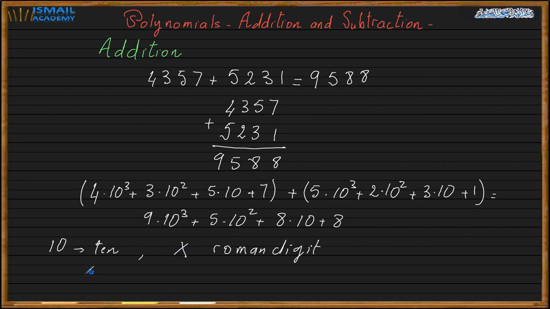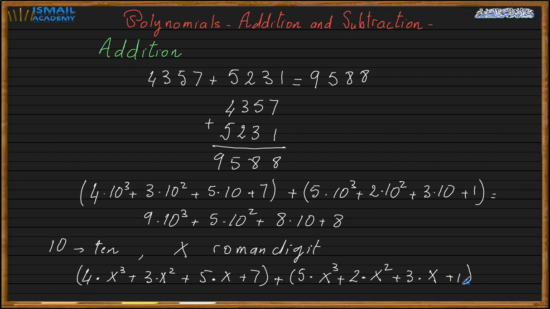So look at this. I will have 4 times X cubed plus 3 times X squared plus 5 times X plus 7, plus 5 times X cubed plus 2 times X squared plus 3 times X plus 1.